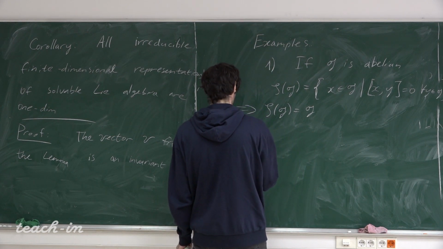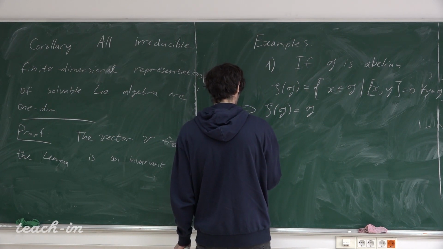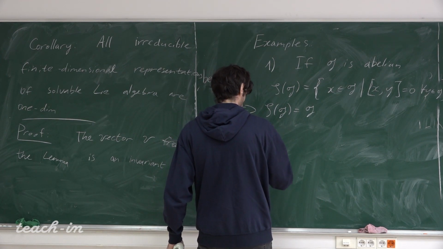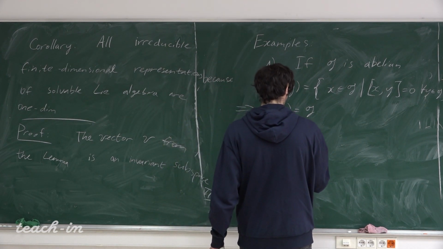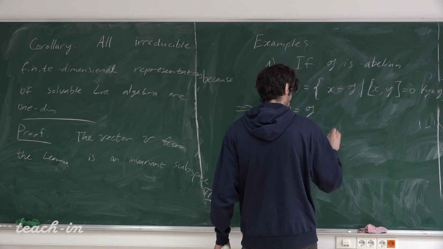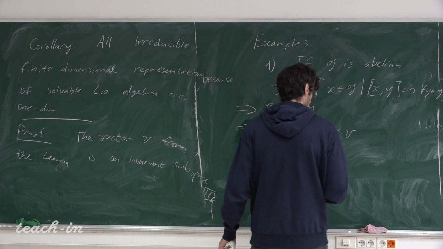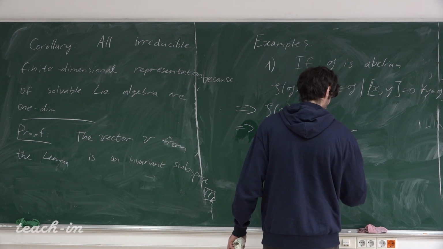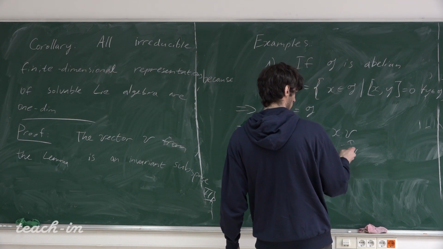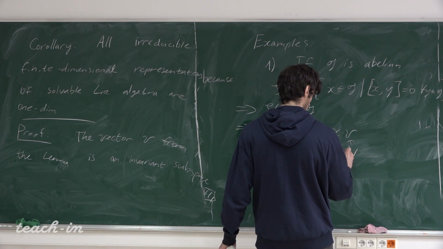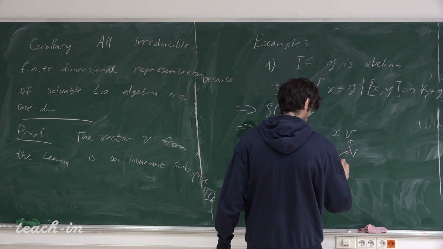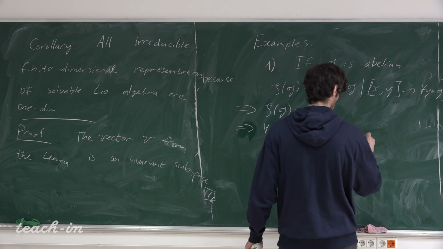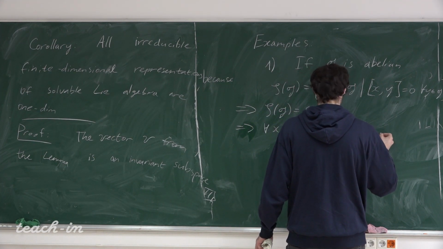And so therefore every x from G acts on V, where this V is irreducible, and small v is an element of it, by multiplying by some number.